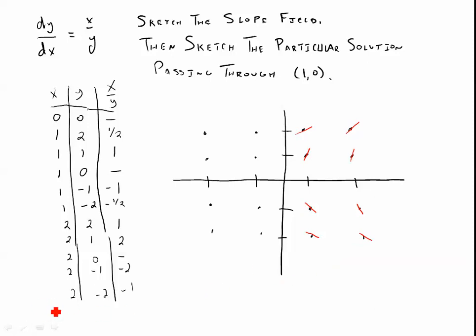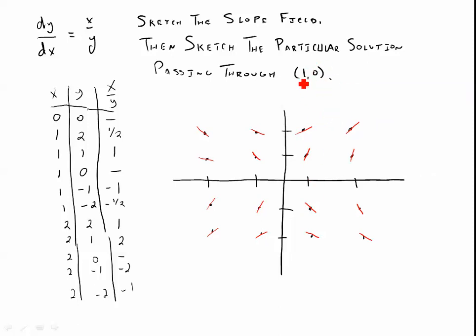I'll do the same for -1 and -2. So when we do this for the x values of -1 and -2, we have these slopes. Now we have a question passing through the point (1, 0). Well, this question is kind of stupid, and I should have noticed this, that at (1, 0), this is undefined, so there would be no solution based on that point.